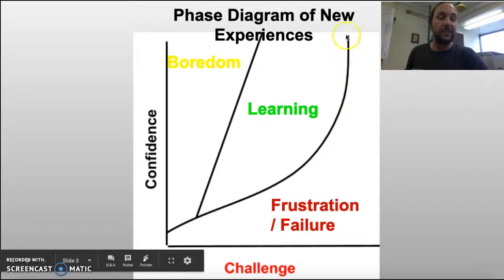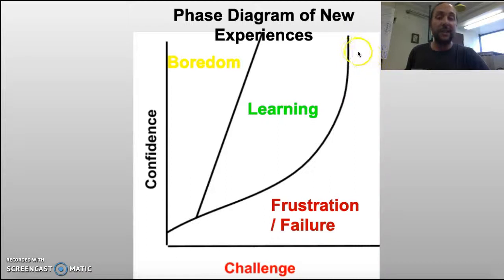So where this line starts to go vertical, where there is a challenge level that no matter how confident you are, you cannot succeed, it pushes that line farther and farther to the right, but only when you are in this most far right corner of the learning area where you really have to exercise grit, which is why I'm going to be pushing you guys in this class to experience failure, experience frustration, so you can figure out where this line is, as well as figuring out the strategies that will make you confident to push past that failure and move this line, widen the area that represents learning for you when it comes to new experiences.